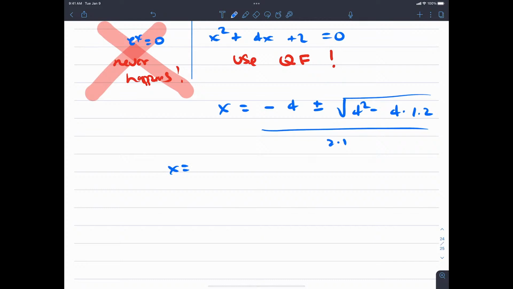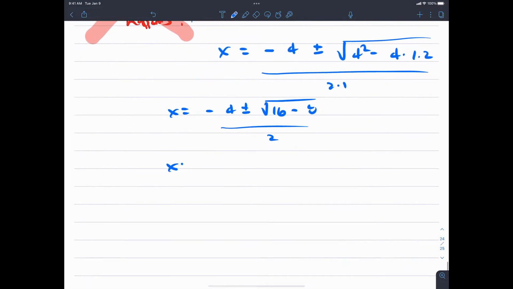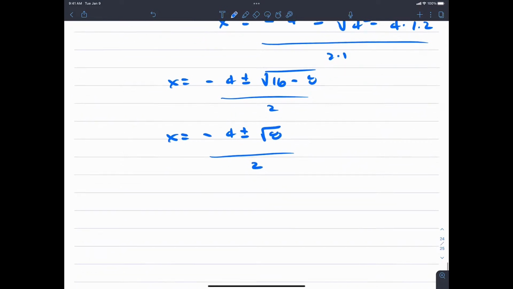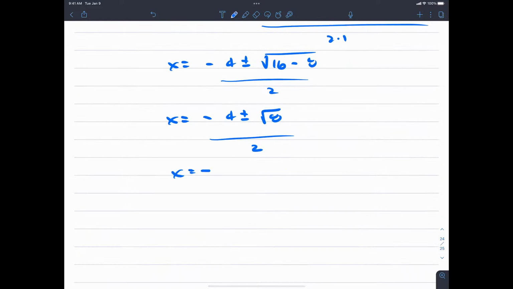By your quadratic formula, negative 4 plus or minus square root of 16 minus 8 over 2. So x will be negative 4 plus or minus square root of 8 over 2. You guys know what that'll be? Isn't that 2 square root of 2? That's 2 square root of 2 over 2.